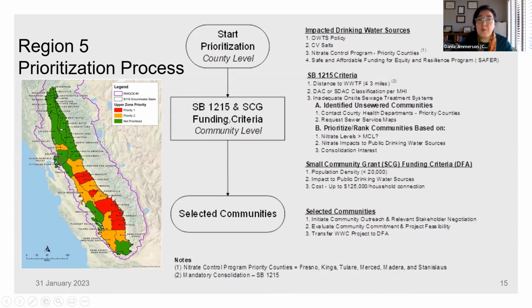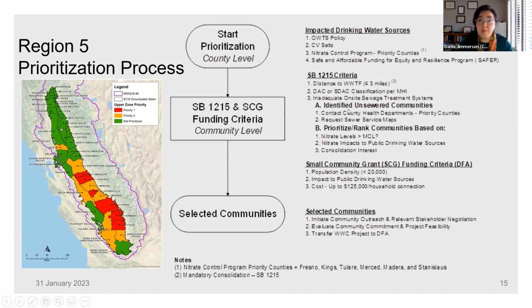The second step is, within that, we narrow it down to a community level, and applying Senate Bill 1215 and the small community grant funding criteria, we can narrow it down more to a community level.